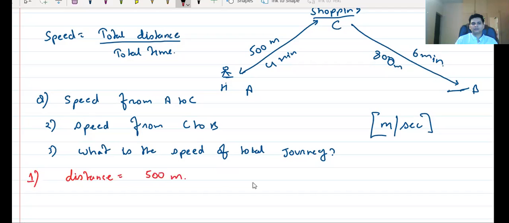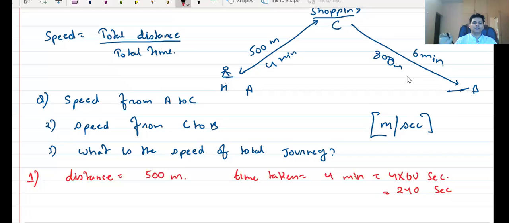What is time taken? 4 minutes, which is equal to 4 into 60 seconds, which is 240 seconds. Anyone have any issue in this? Agree?